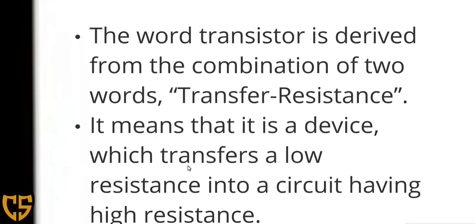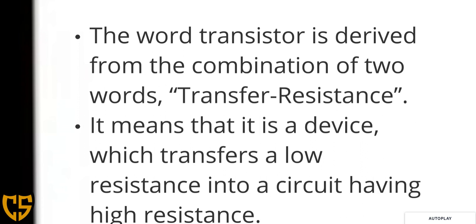The word transistor is derived from the combination of two words, transfer resistance. It means that it is a device which transfers a low resistance into a circuit having high resistance.